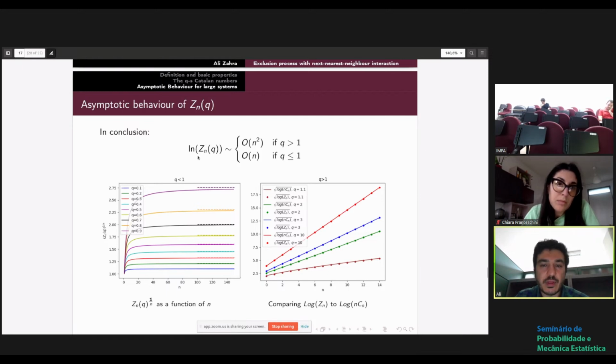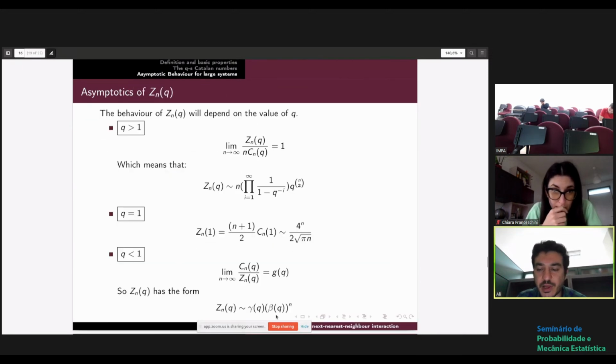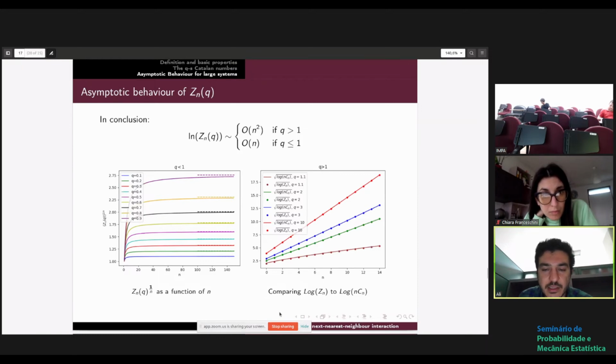For q smaller than 1, this quantity behaves linearly. In particular, here I plotted Z_n(q) to the power of 1 over n as a function of n. It converges to a constant, which is this beta(q). Beta(q) can be extracted numerically; it's the root of hypergeometric functions. I'm not giving the expressions here because it's not relevant.